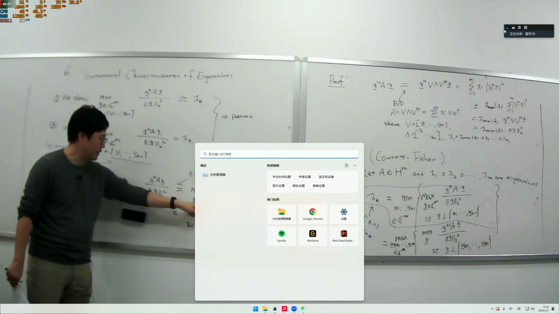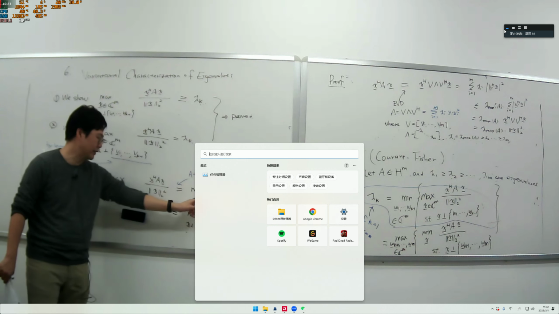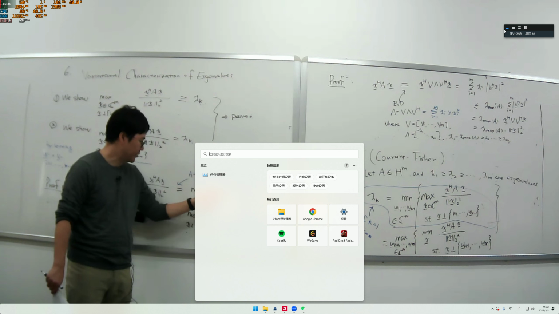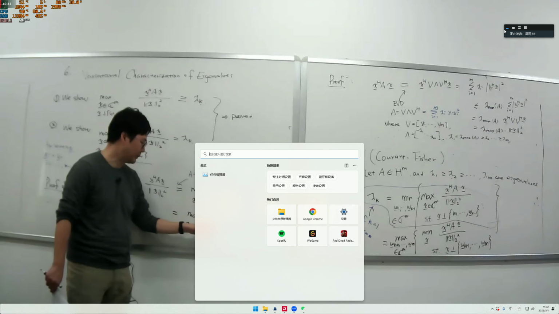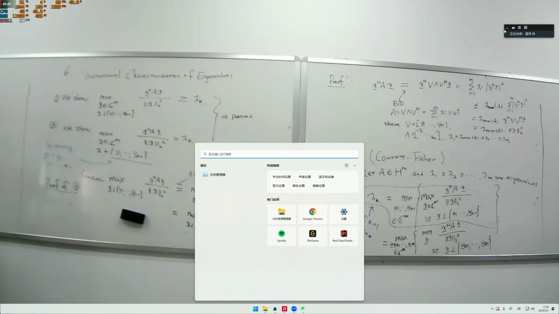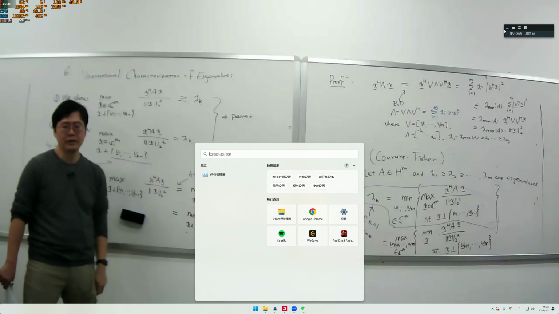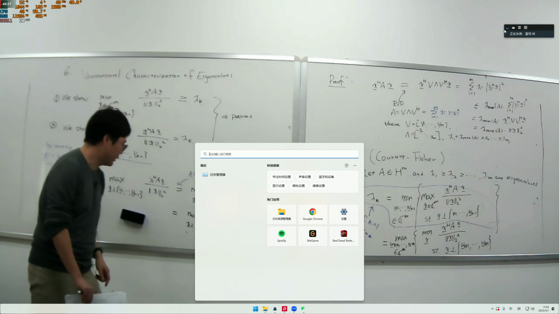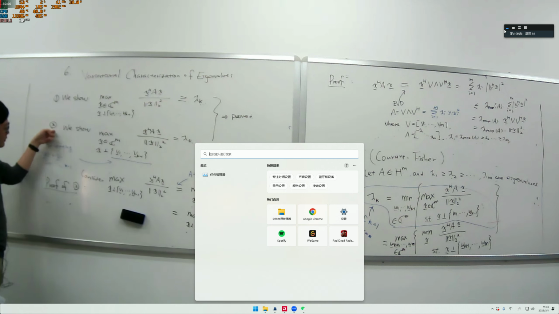So when x is limited to be orthogonal to v1 to v_{k-1}, you can eliminate the first k minus 1 components from the summation. Then its largest eigenvalue is lambda_k, not lambda_1, because lambda_1 to lambda_{k-1} are already excluded due to the orthogonality constraints. So we prove this second statement.